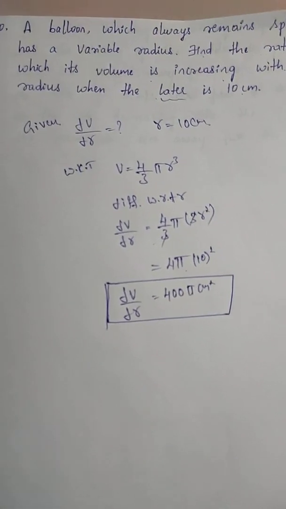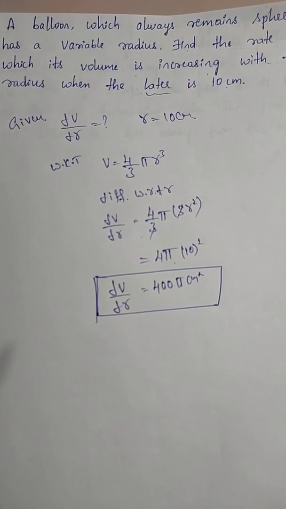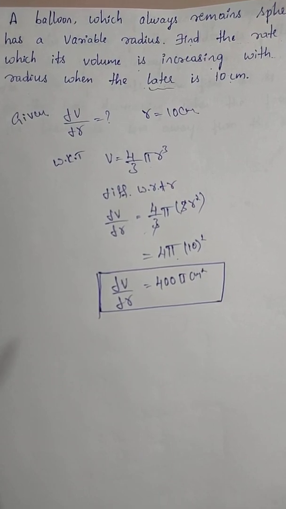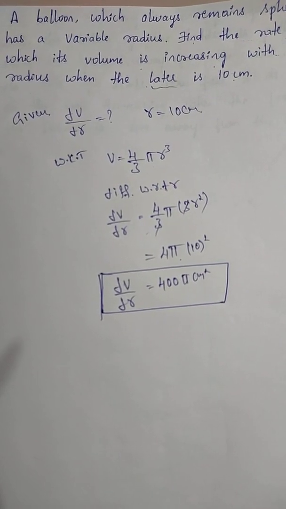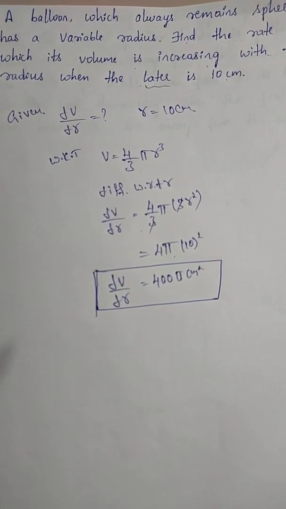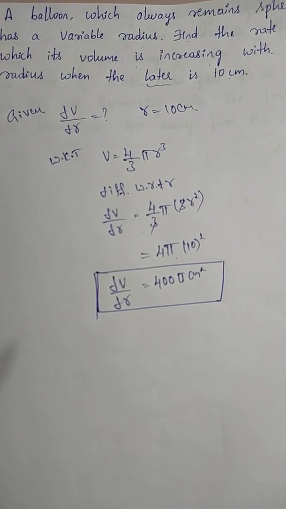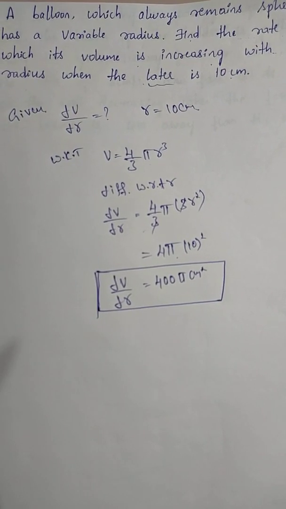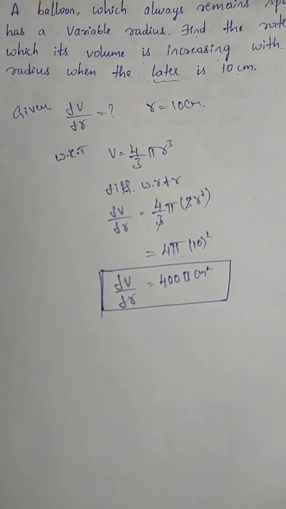In today's class, this is the last problem, and it is not an important problem, just for your practice purpose. So in this session, what we did: the area of a rectangle, the perimeter of a rectangle, the surface area of a cube and the volume of a cube.